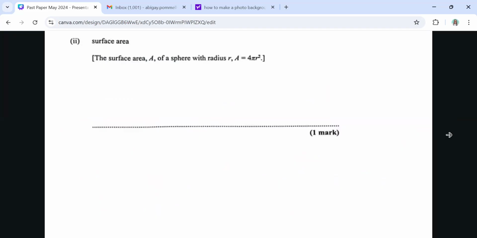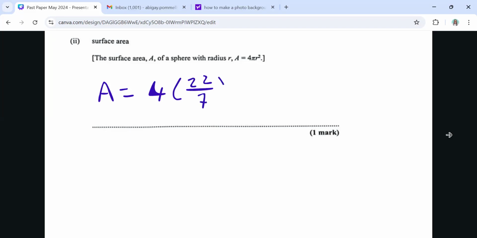All right, so the next thing we're going to find is the surface area of the sphere. The surface area of a sphere with radius r, A equals 4 pi r squared. So we're going to write back the same thing, A. We know what the pi is, 22/7.